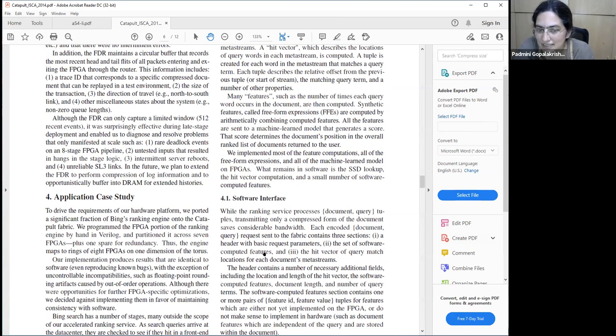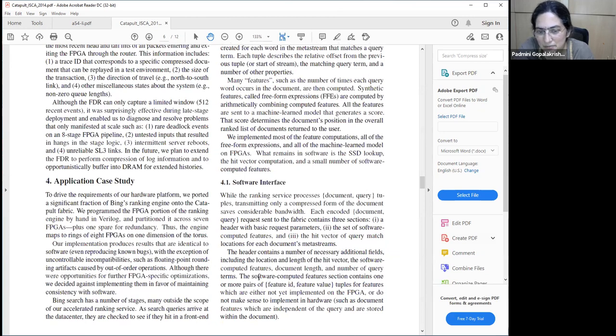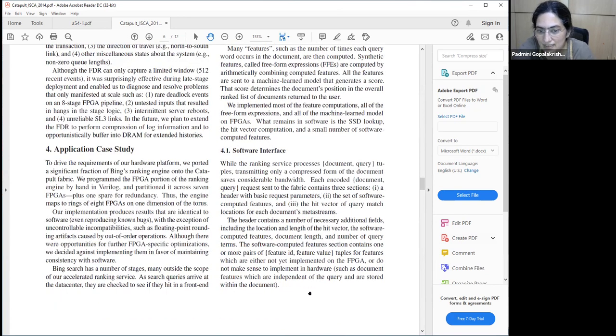It has a set of features which are computed in software, and it has a hit vector which tells you to what extent the query actually matches. The header consists of a number of fields. Some of these are software computed, and the rest will be computed on hardware and maybe filled in and sent back.